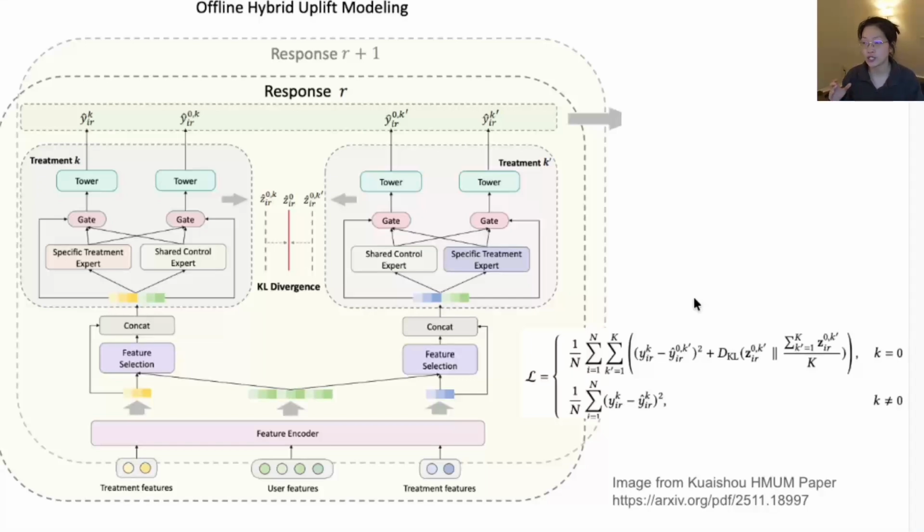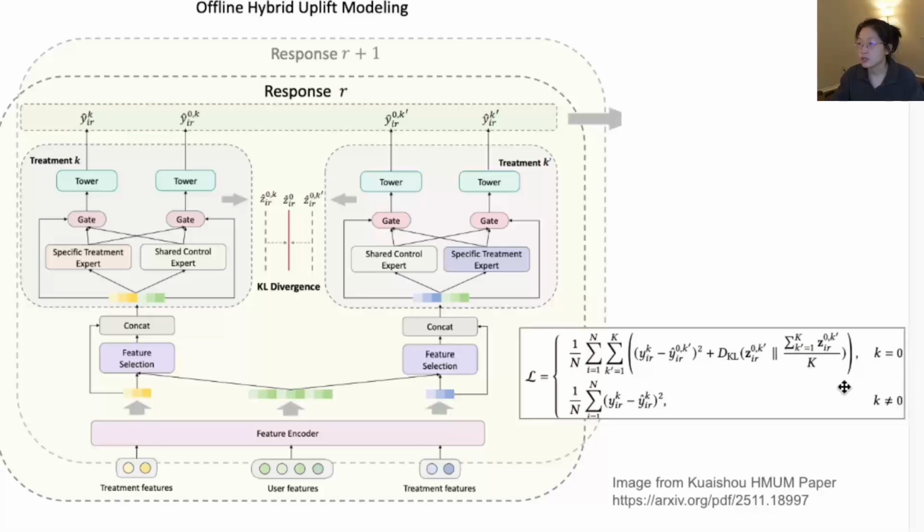So how does Kuaishou solve this? They applied KL divergence. As you can see in the loss function here, it is not just a mean square error, it applies an additional KL divergence loss. In the KL divergence, it compares the probability distance for each branch versus the mean of all the control component predictions.